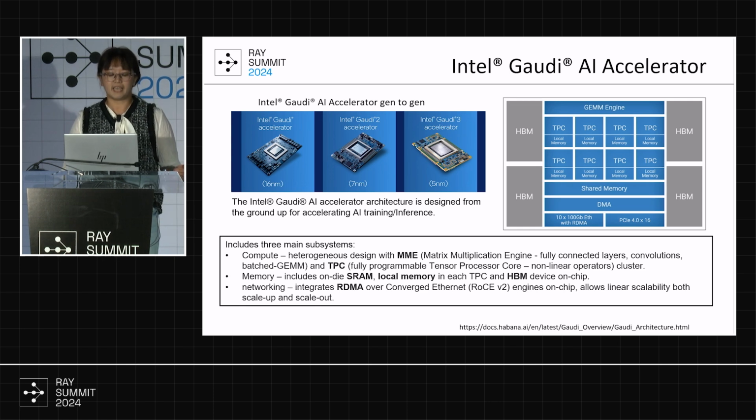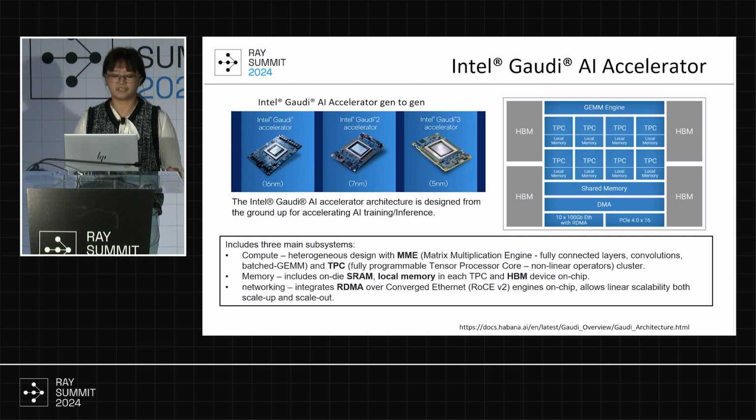And the TPC is a programmable tensor processor core for nonlinear operations, such as spatial pooling or batch normalization. The good side is that on the software side, users can also develop their own kernels to run on TPC. And we also provide predefined TPC kernels, which are fully optimized with Intel's Gaudi software suite.